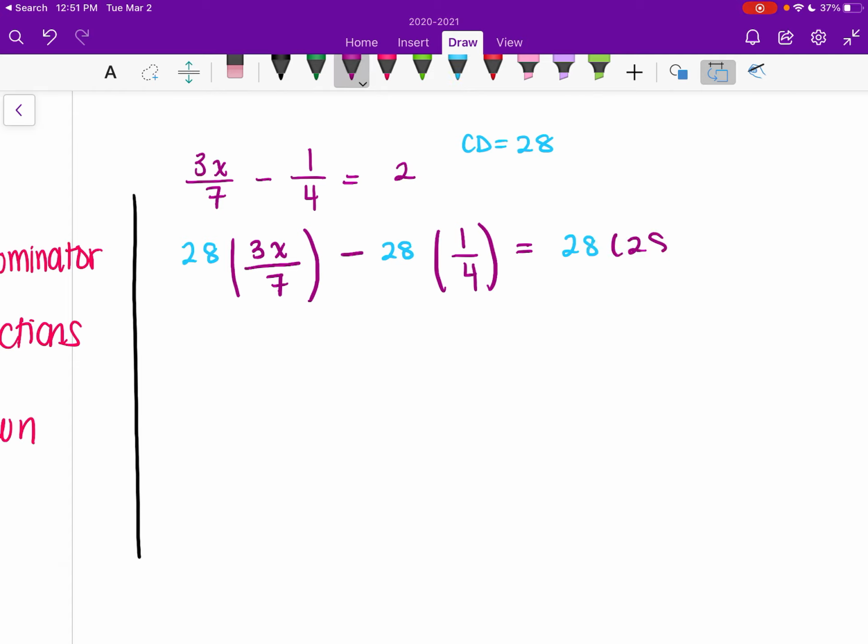So notice how every term is now multiplied by 28, right? So now we're just going to go in, solve, cross out any numbers that we need to cross out, right? And then we'll go from there.